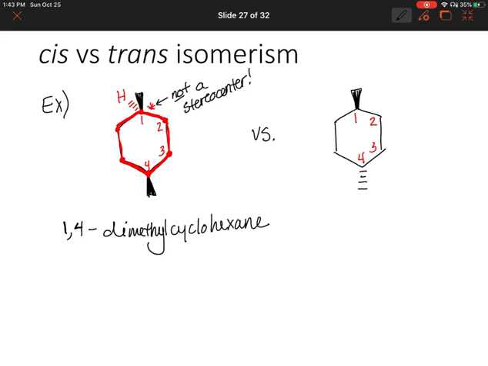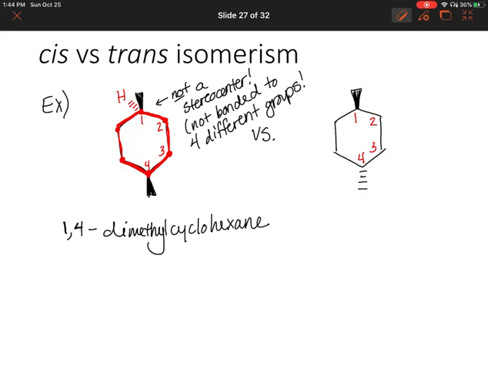So we just showed that whichever way we go down the ring, we end up back at carbon 4, right? So carbon 1 is actually not bonded to 4 different groups. So I'm going to erase that asterisk that I drew earlier because that is not a stereocenter.